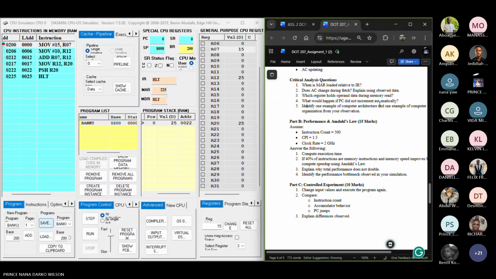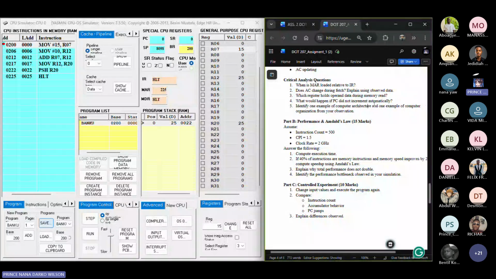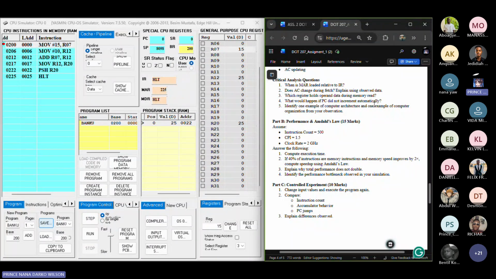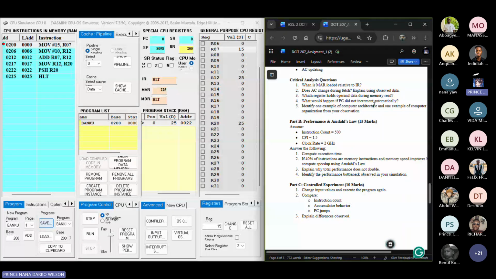Identify one example of computer architecture and one example of computer organization from your observation. Architecture has to do with things that are visible to the programmer. Organization has to do with how things are arranged to execute. You can use control transfer and instruction orderliness.